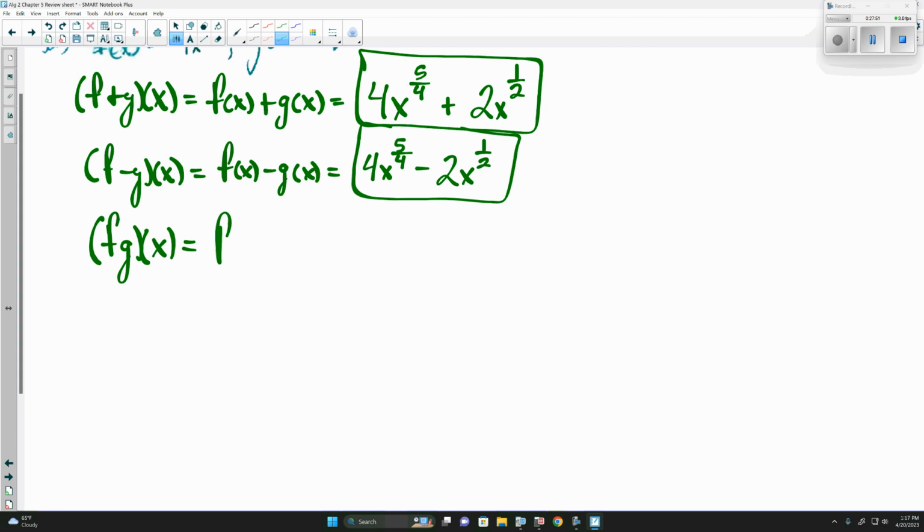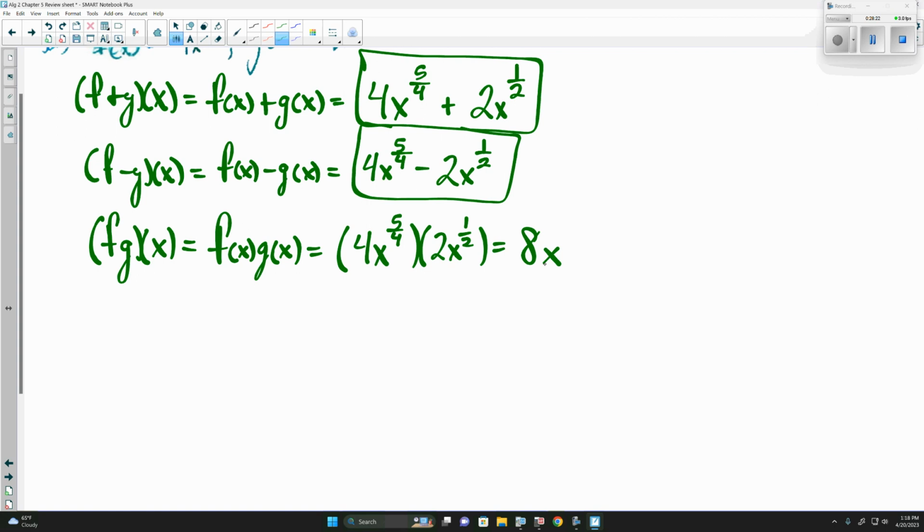Now we can move on to multiplication. F times g of x, which is the same as f of x times g of x, which is 4x to the 5/4 times 2x to the 1/2. And here we can actually take it a step further. Because with multiplication, we can do 4 times 2. 4 times 2 is 8.